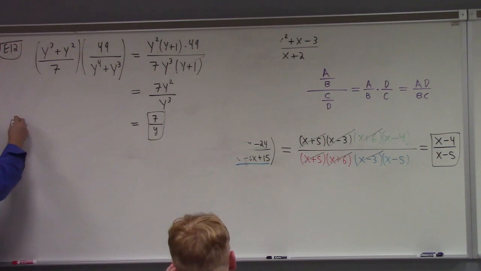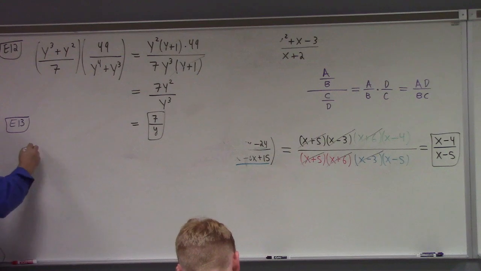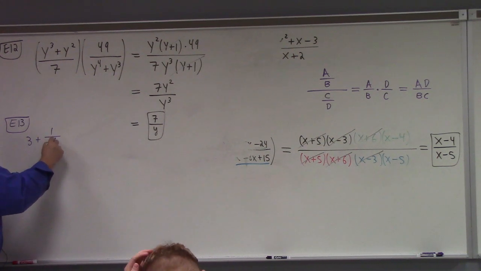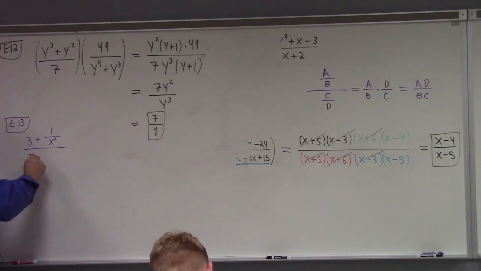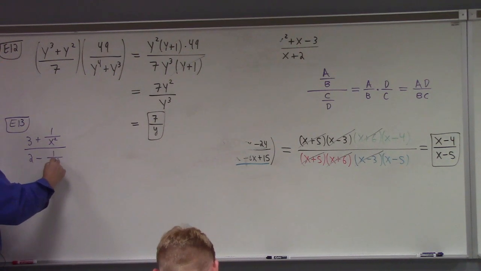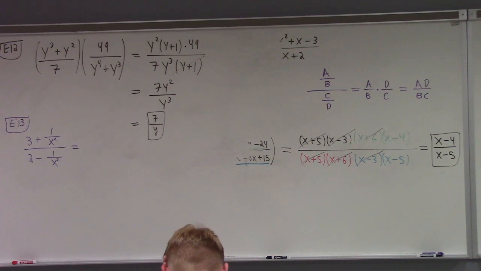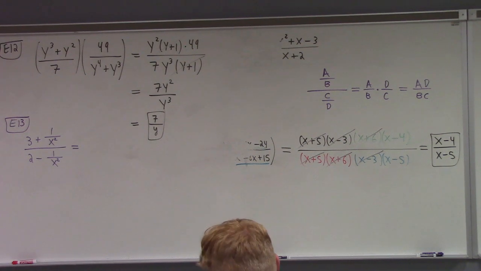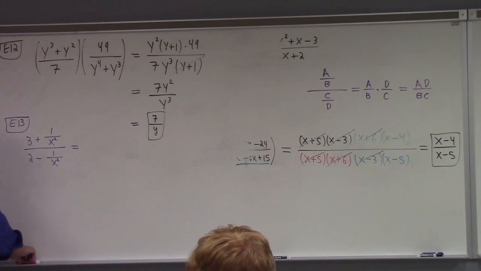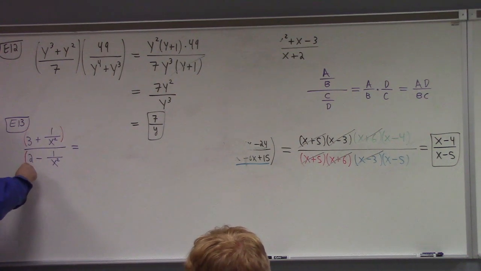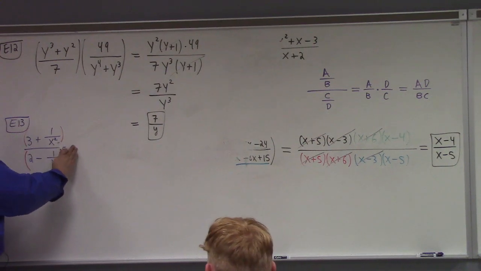Final example for today, example 13. I'll make it relatively simple. What if we have 3 plus 1 over x squared, over 2 minus 1 over x squared? How do you simplify this kind of compound fraction? What should you do? I want to say just multiply them, but it is simple. Well, you could do that, but there's an easier way here.